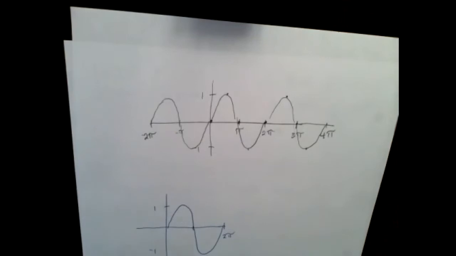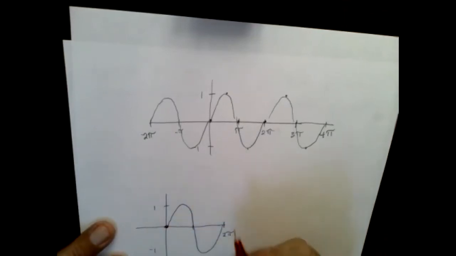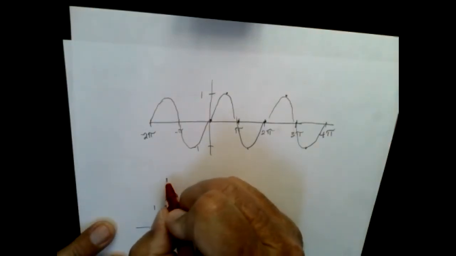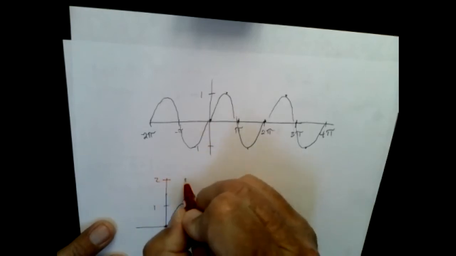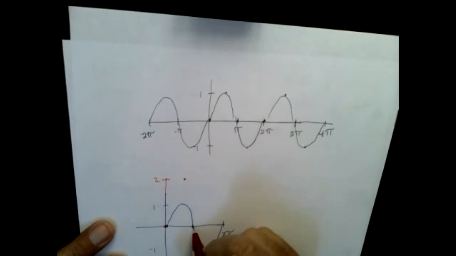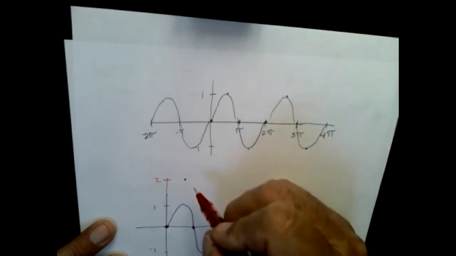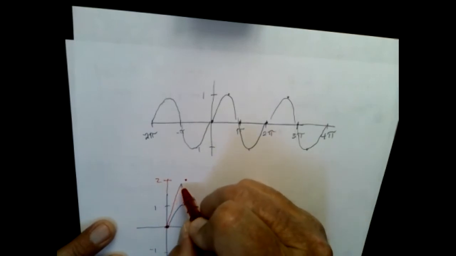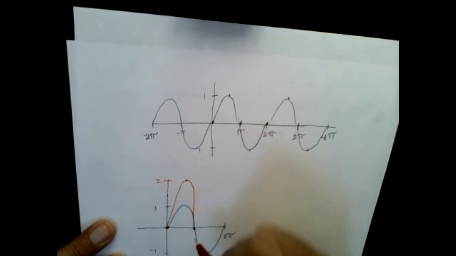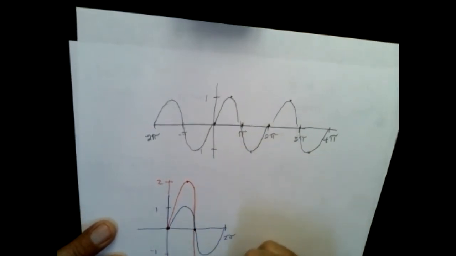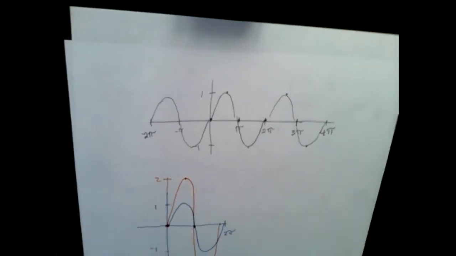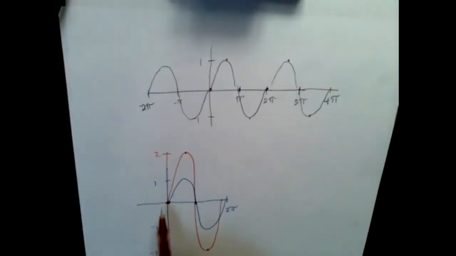So 0 doubled is 0, 1 doubled is 2, 0 doubled is 0, -1 doubled is -2. So when I multiply every value by 2, like we did before with the amplitude, it doubles everything.